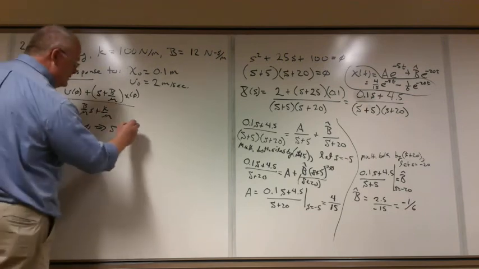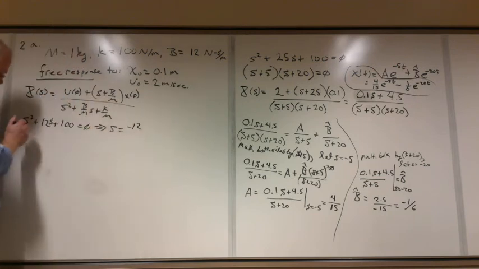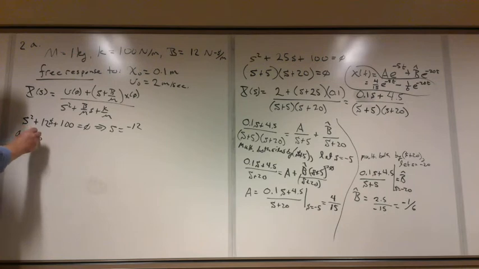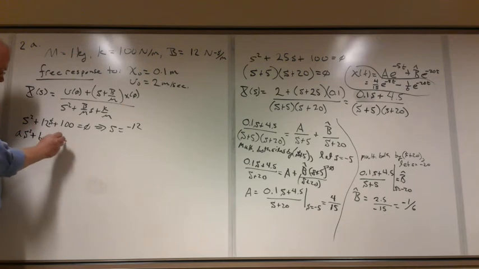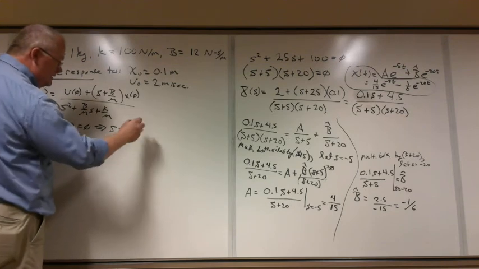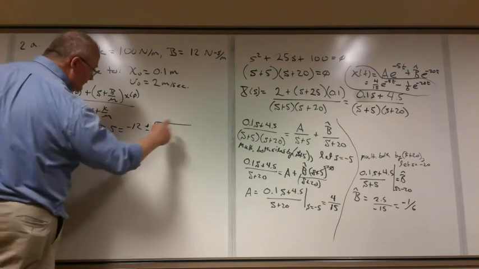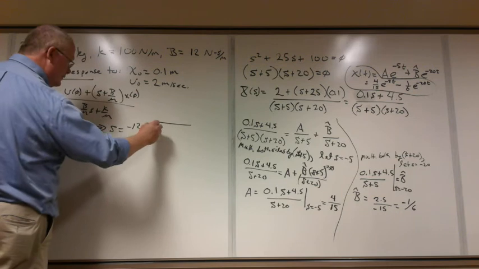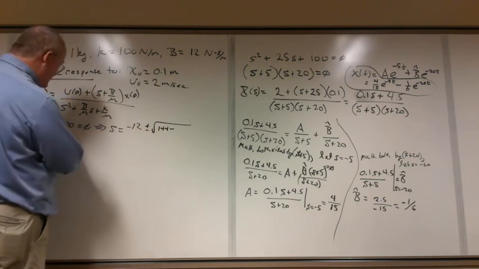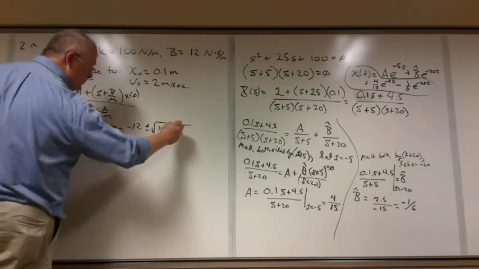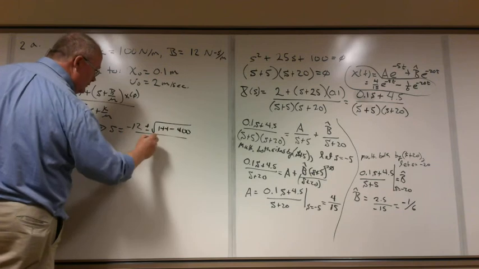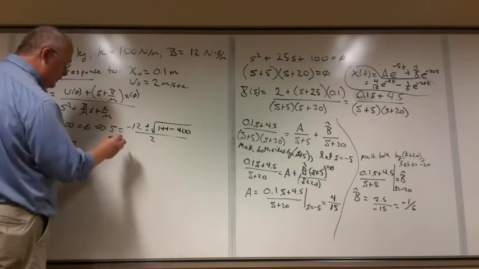So you have, this is, of course, little a s squared plus little b s plus c is equal to 0, and we're solving for s. So it's minus little b plus or minus the square root of little b squared, which is going to be 144, minus 4ac, 4 times 100, so that's minus 400, all over 2 times a, and a happens to be 1.